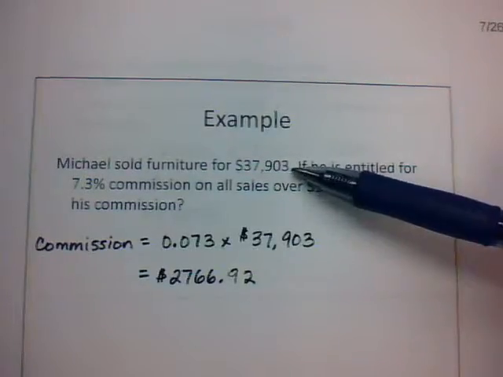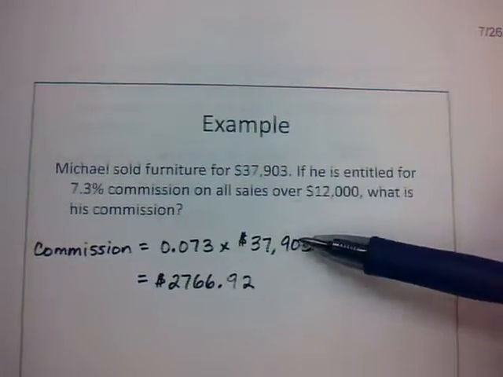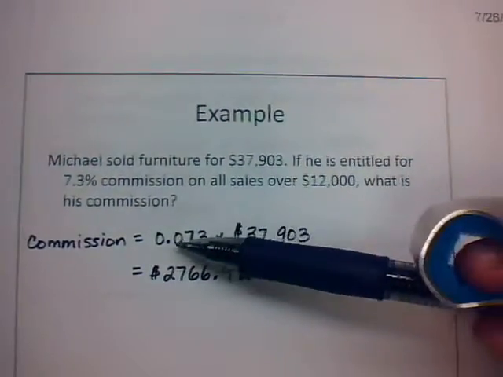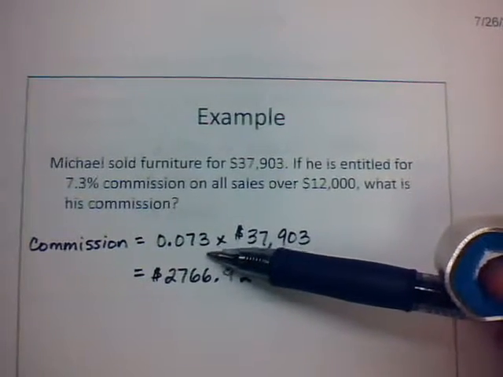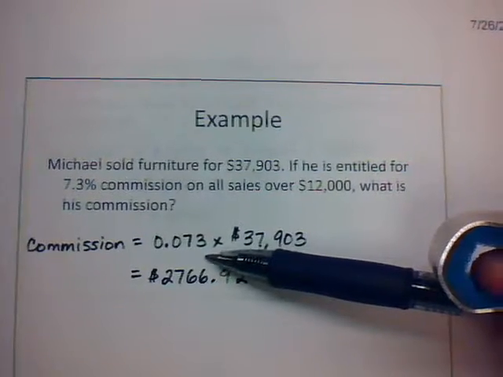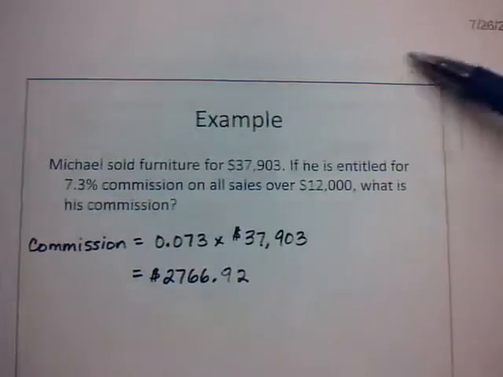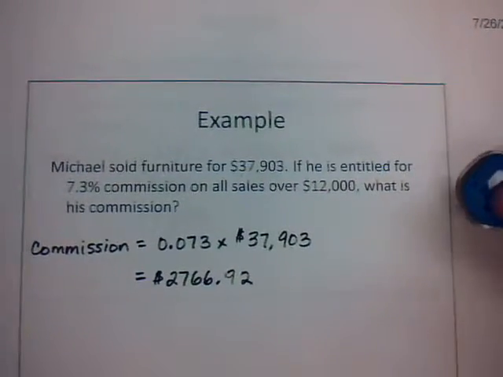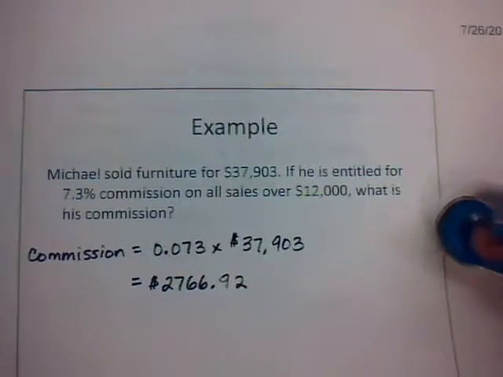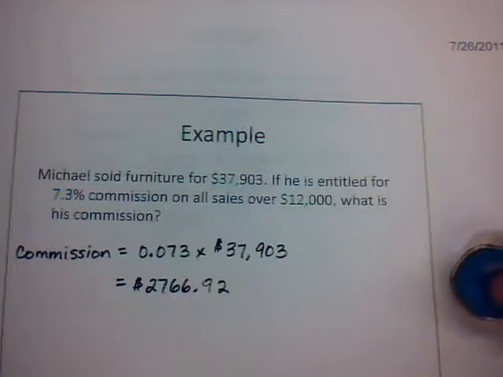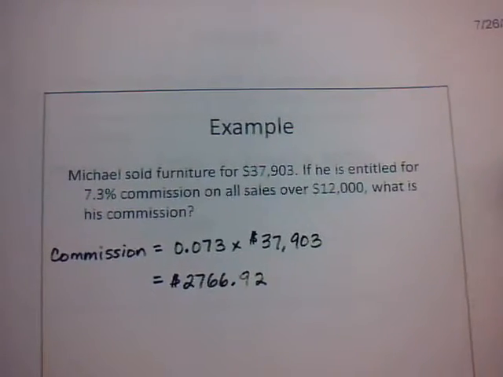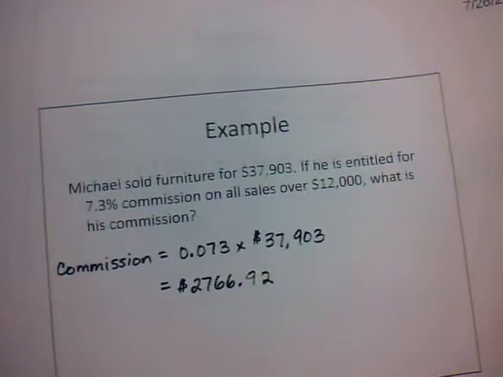It's $37,903. So we're going to multiply that by 7.3% or 0.073. And when we multiply that, you'll get $2,766.92. That's the amount of the commission that Michael will receive for selling the furniture.